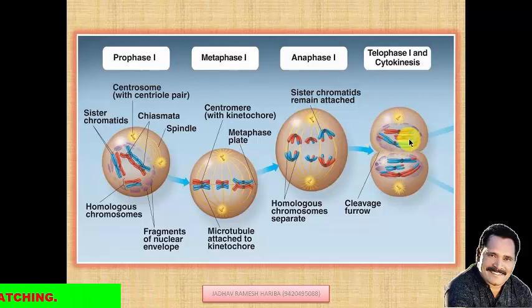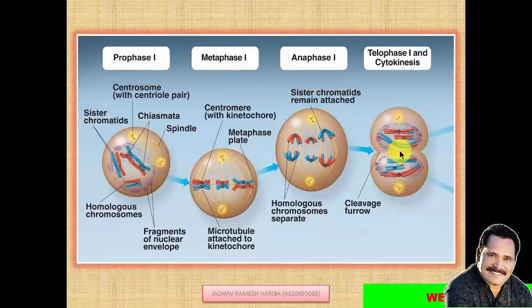Here, the nuclear membrane starts to appear, the nucleolus also starts to appear, and there is a formation of a cleavage or a notch in between the two nuclei of the cell, and this cleavage or notch goes on increasing, and after the cytokinesis, 2 cells are formed.